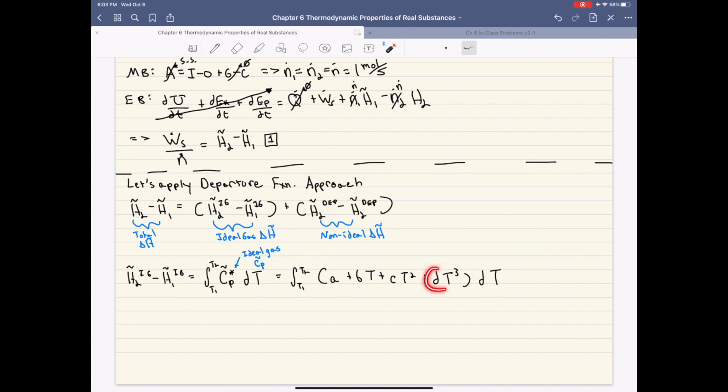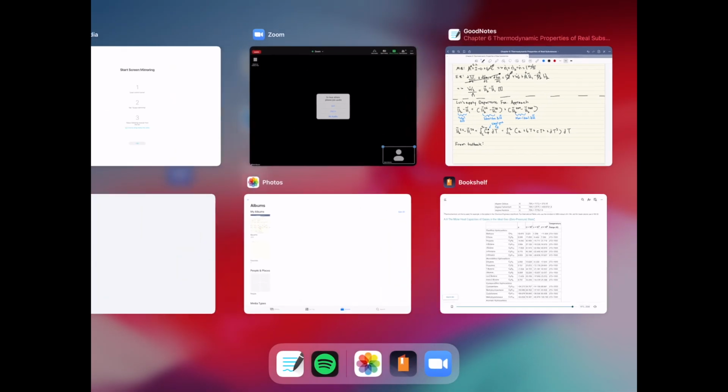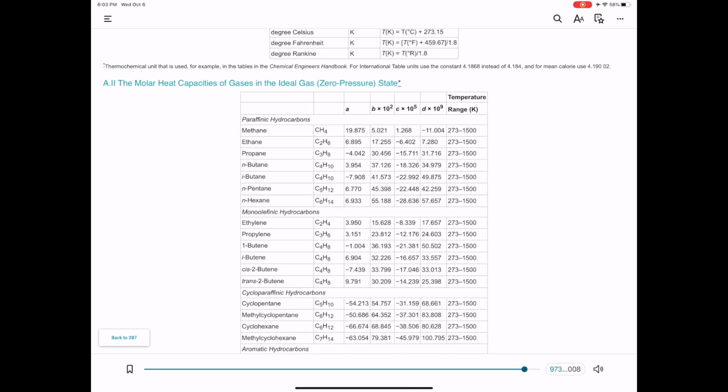This isn't a derivative, this is just the coefficient D times temperature cubed. All right, and so in order to figure out these coefficients, a lot of times these will be tabulated for various chemicals. And our textbook actually lists the coefficients for quite a few chemicals.